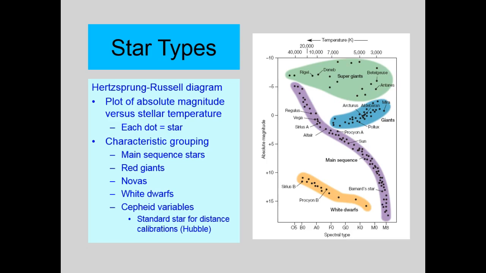Some of these are very hot, and some are very cold. Some are very high absolute magnitude, some are very, very dim in their absolute magnitude. And that pretty much follows by their temperature, okay? Spectral type, okay?